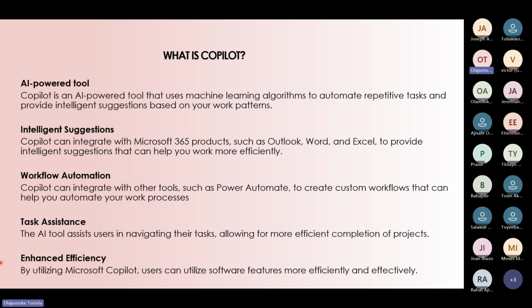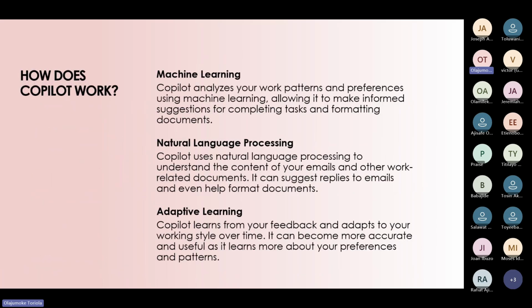So let's talk about how does Copilot work, which is the next thing we want to think about. Now, Copilot, like we said before, uses machine learning, just the same way we went through last week. There are three things that Copilot uses.